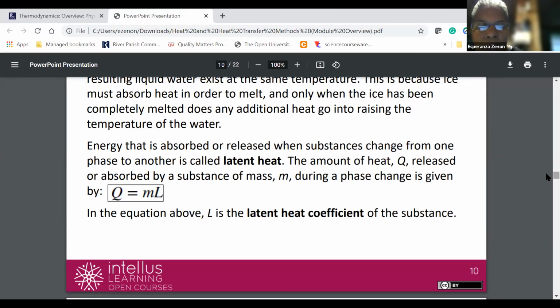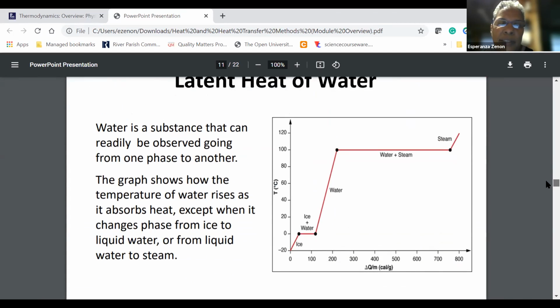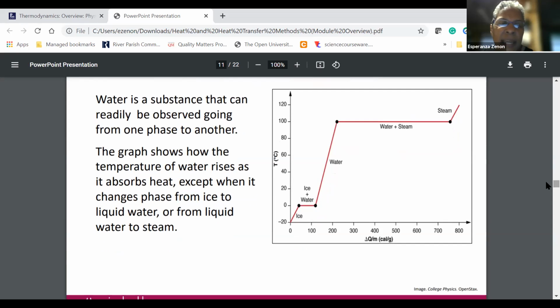And you have to be very careful because L can take two values. The latent heat coefficient has two values, LF and LV. LF deals with latent heat where you have freezing point transitions happening, and LV depends on phase transitions where we're dealing with the boiling point.